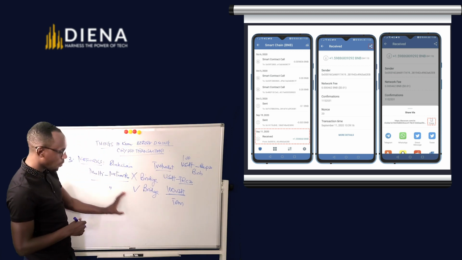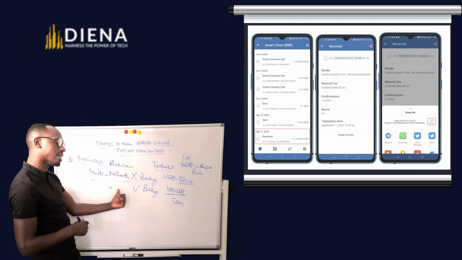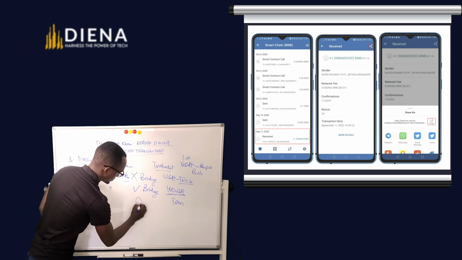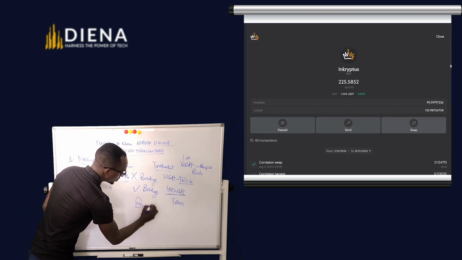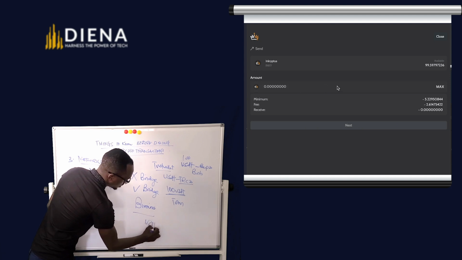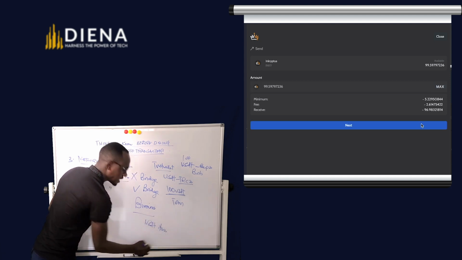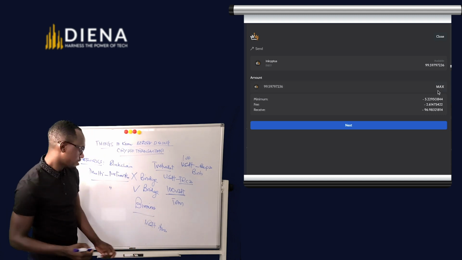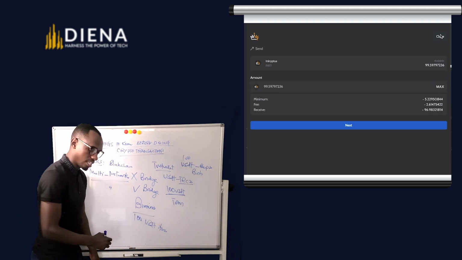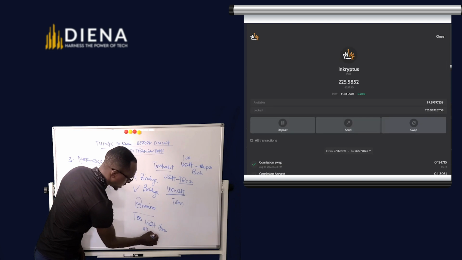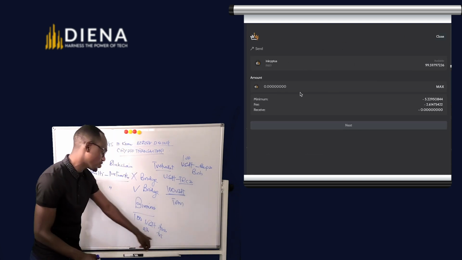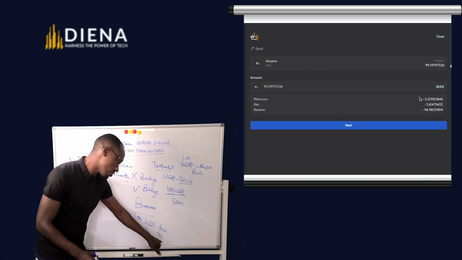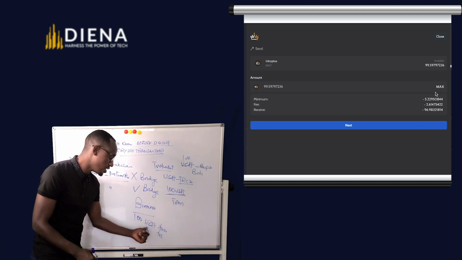But there are some wallets that have a bridge and are multi-network. For example, Binance. When you are sending USDT TRC20, that network charges you maybe $1. It's going to charge you on your USDT. If you are sending Ethereum on a TRC20 network, it's going to charge a certain amount that the TRC20 network charges in your Ethereum.